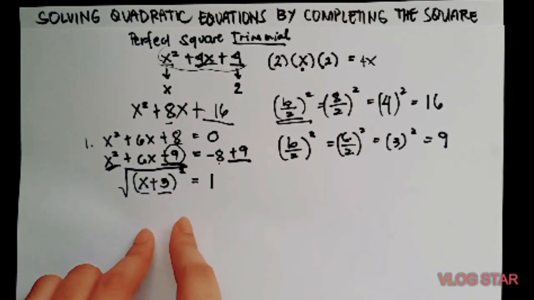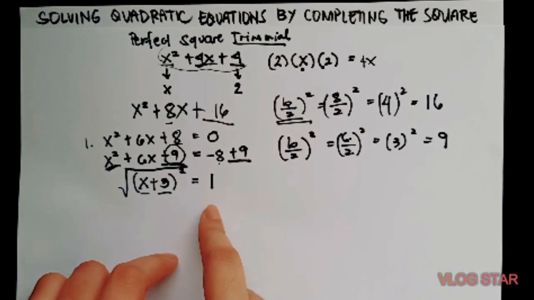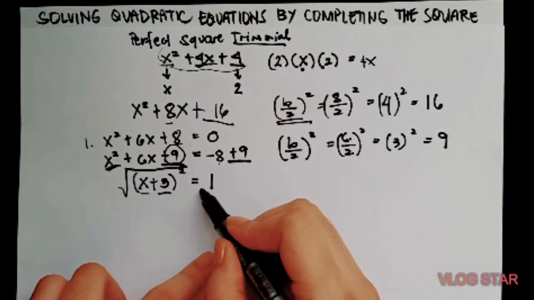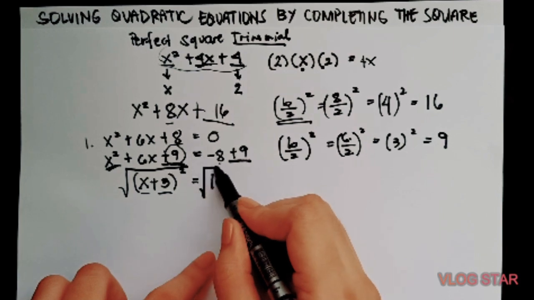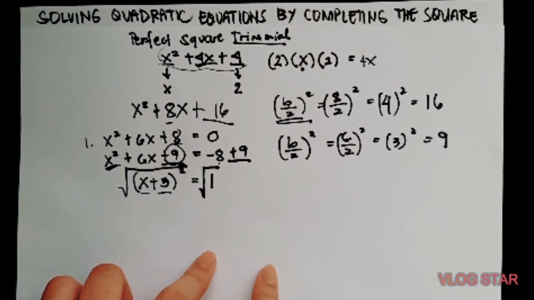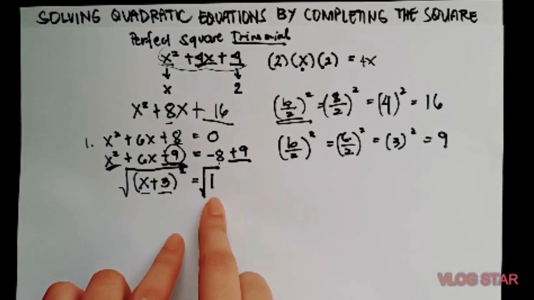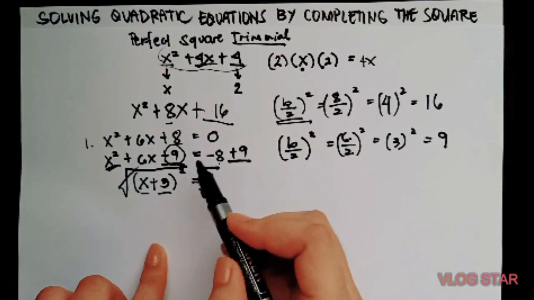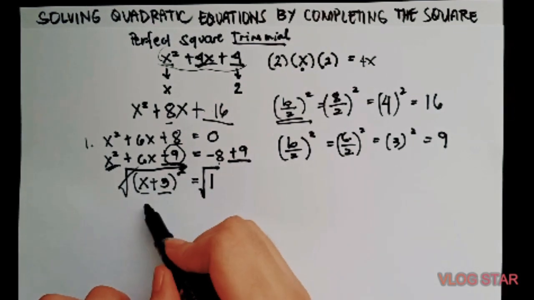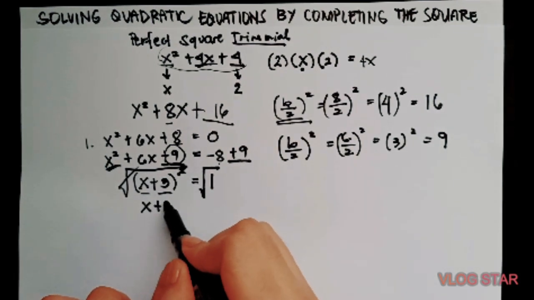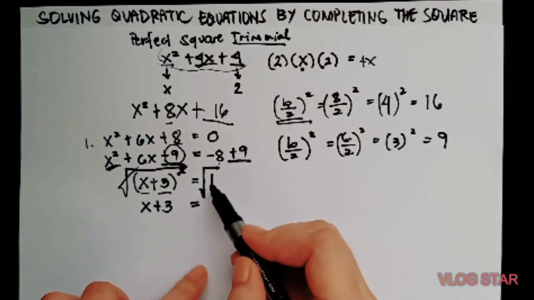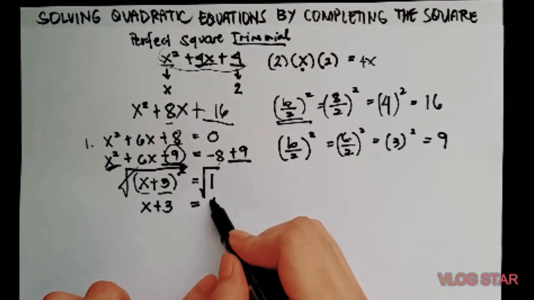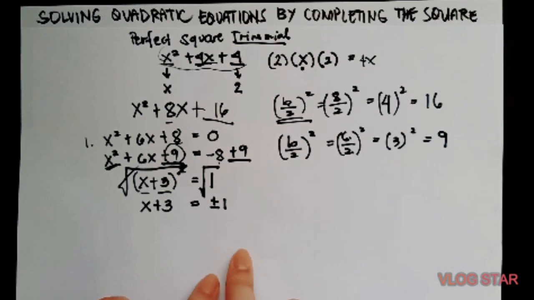And since this is an equality, we do the same on the other side of the equal sign: get the square root of 1 as well. Then cancel the radical sign and the exponent. So we have here x plus 3 equals the square root of 1, which is positive and negative 1.